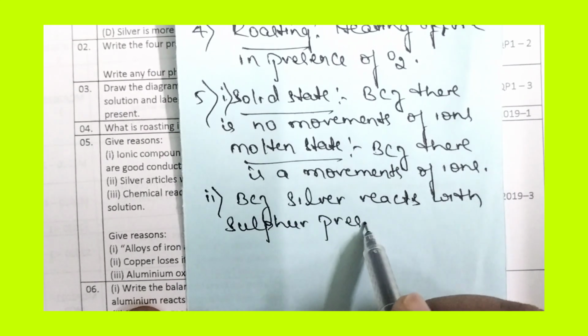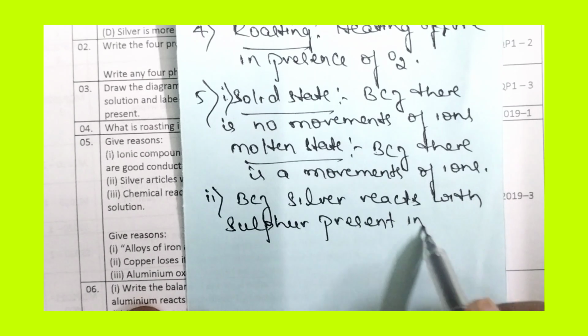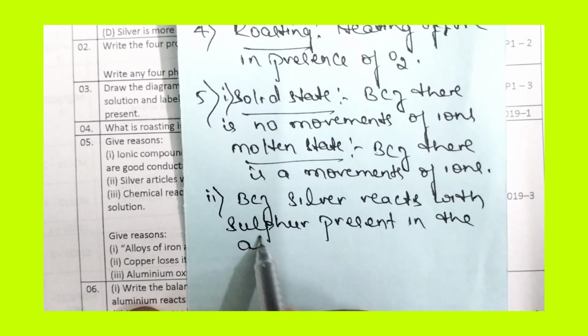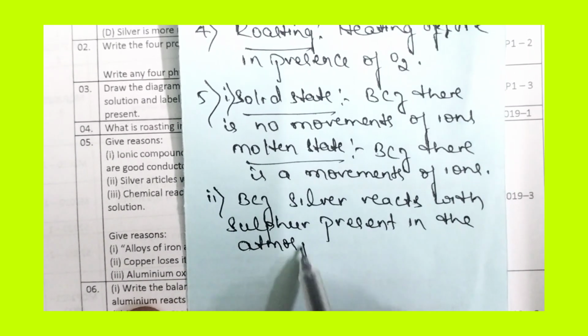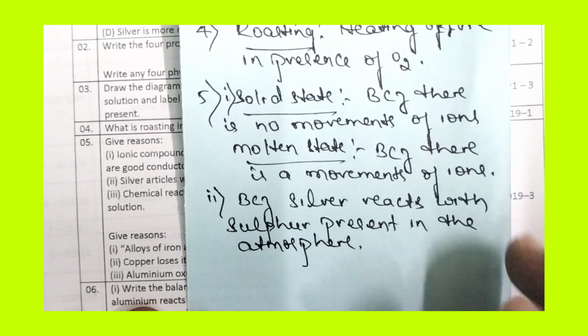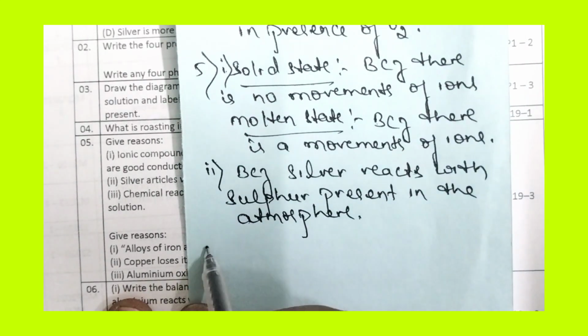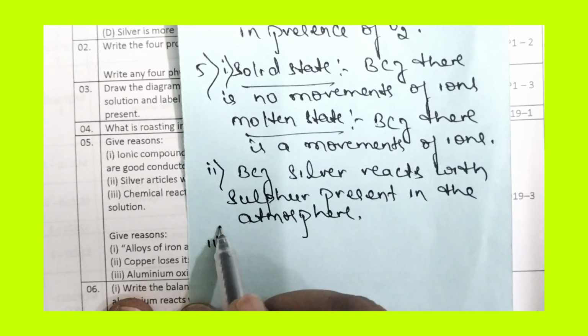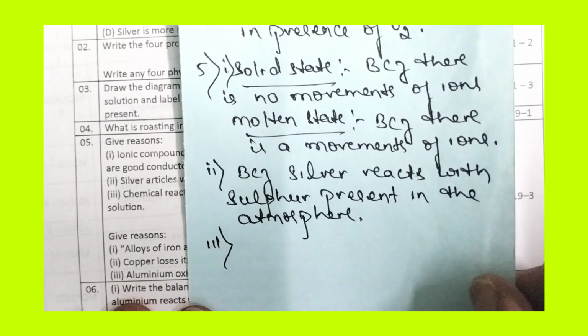Because silver reacts with sulfur present in the atmosphere. So in the atmosphere sulfur is present. This silver reacts with sulfur and it will become blackish. So this is the answer for the second give reason.